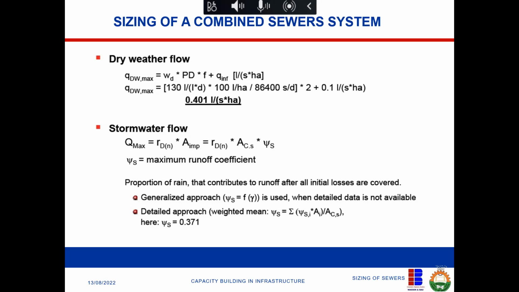The fourth one is that parasite water. This parasite water, I've discussed it last time. No matter how impermeable your pipe is, there's always this amount of water that will come into your sewer network, so you need to factor in some parasite water.